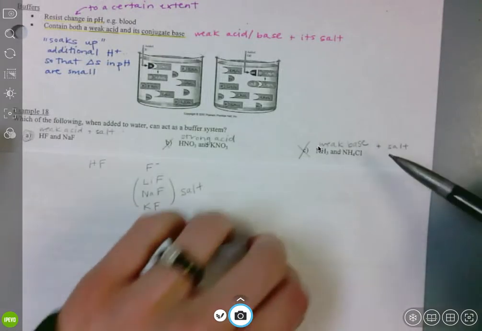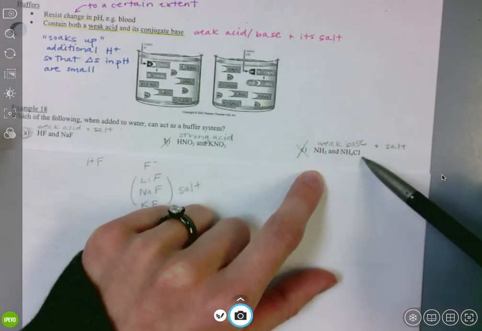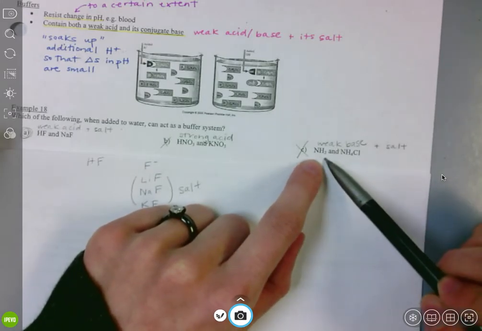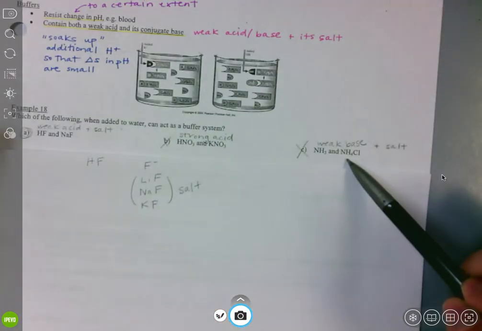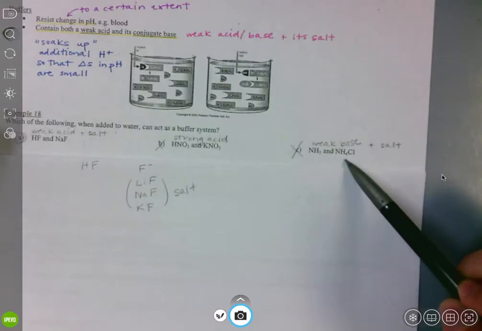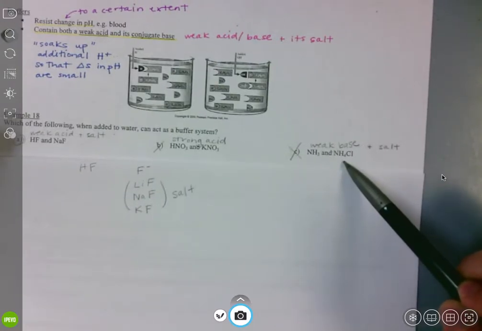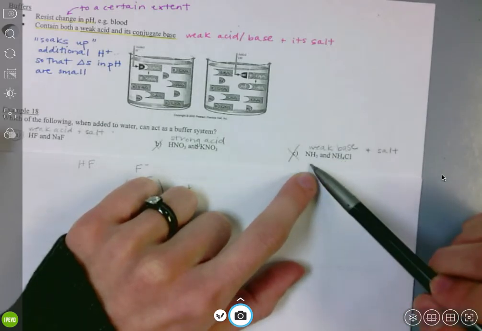All right, and then C, we have ammonia and ammonium chloride. Ammonia is a weak base. Let's look at whether we are gaining or losing a proton. We have NH3 and NH4 here, so we're gaining a hydrogen ion. If we are accepting a hydrogen ion, we're going to be a Bronsted-Lowry base.